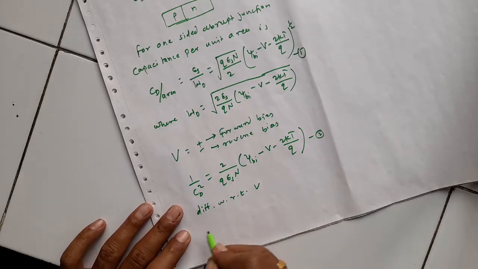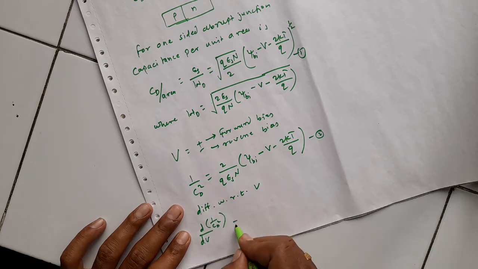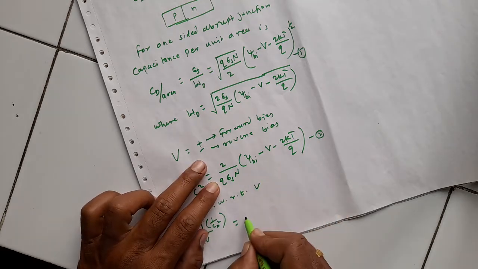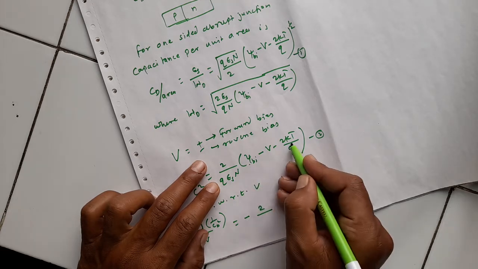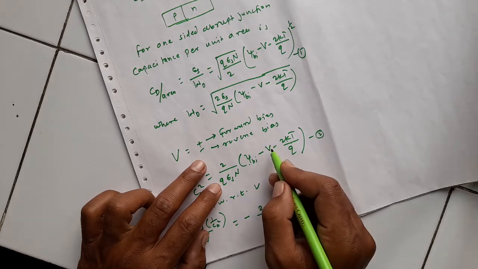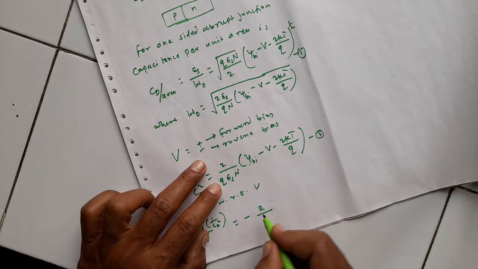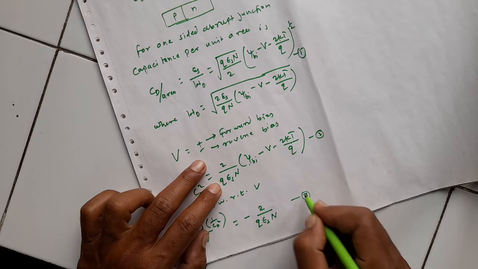How much do we get? d by dV of 1 by C_d square is equal to minus 2 upon q epsilon_s N, because the other term gives 0, being independent of phi. We are most interested in the smallest change in the bias voltage. So this is equation number 3.